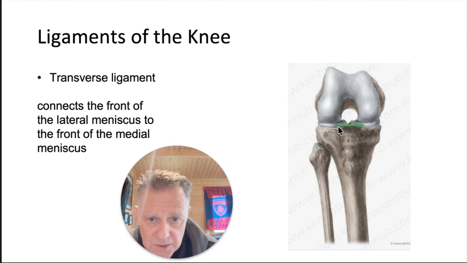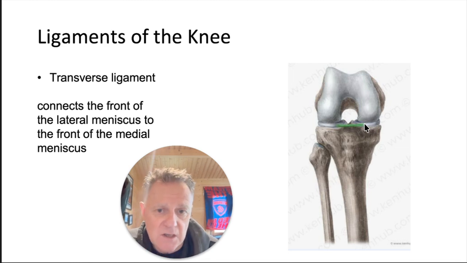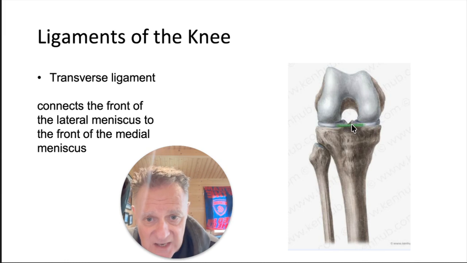The transverse ligament is as it sounds. It attaches to the meniscus. So this is the meniscus that sits between femur and tibia. And the meniscus essentially is there to decrease the friction forces between the femur and the tibia. Now that meniscus is thinner in the middle than it is laterally and medially.